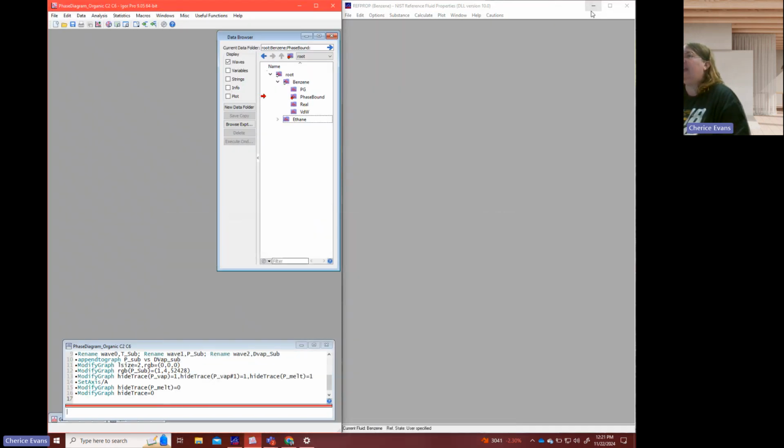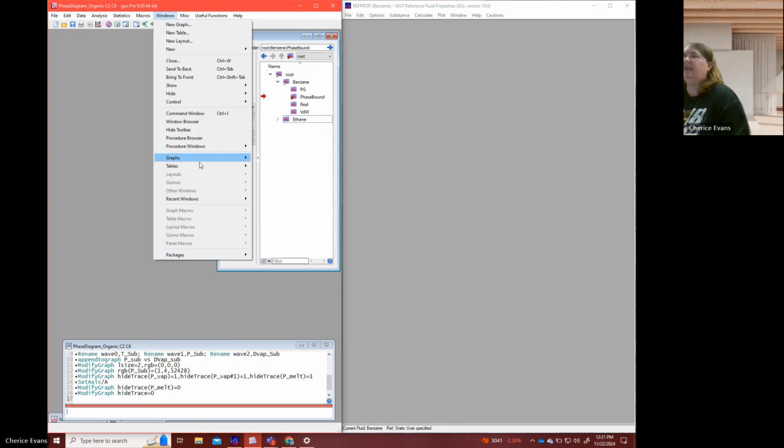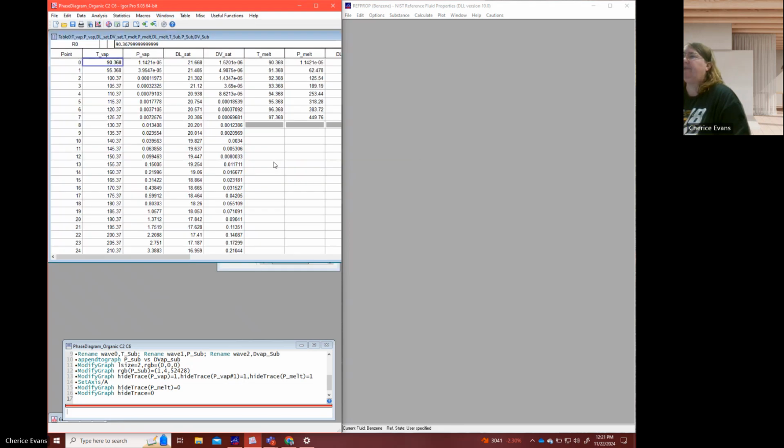So I'm going to go ahead and add that to the ethane data. The melting table would be a good place to put that.